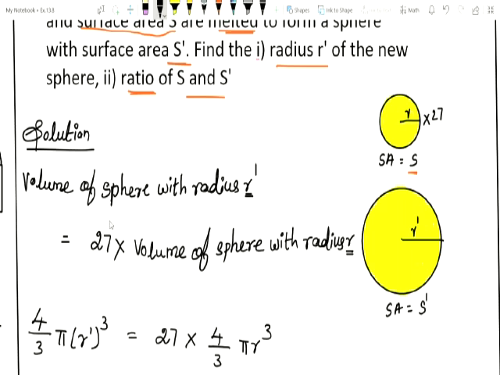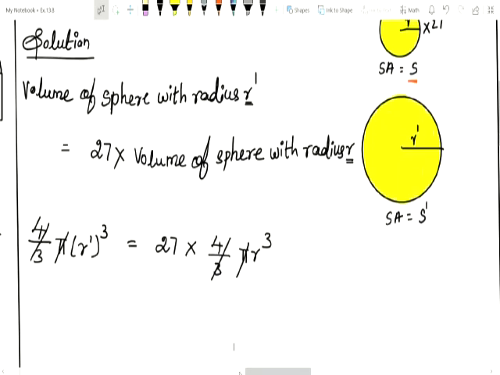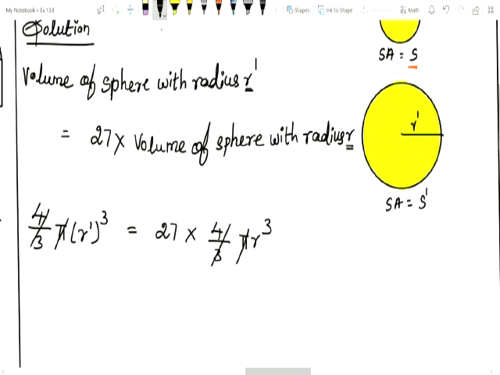Okay. So both the sides, what is that? 4 by 3, 4 by 3 cancel, pi cancel. Okay. Here R dash the whole cube equal to 27 into R cube.